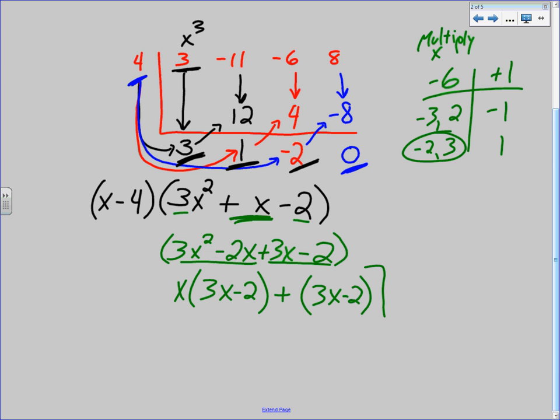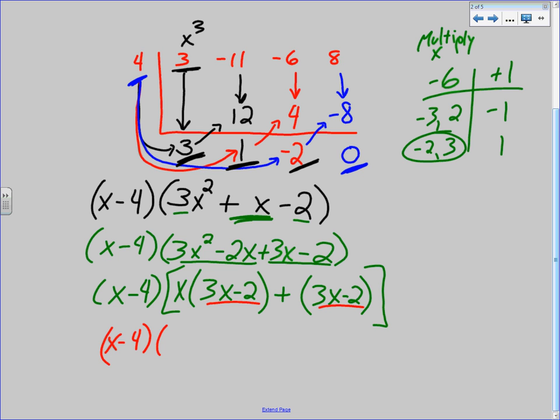Close that parentheses. Let me put brackets around all of this, because remember, we have x minus 4 outside also. Go ahead and bring down x minus 4. The 3x minus 2 and 3x minus 2 parentheses should be the same, and that's why they get put together in one parentheses.